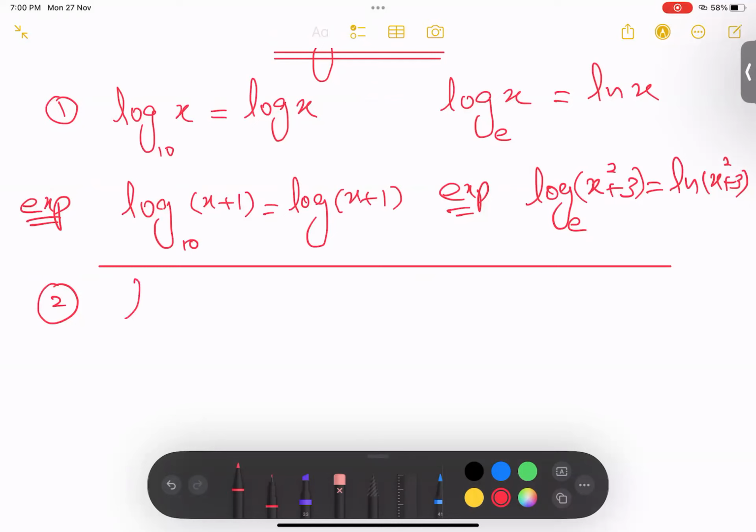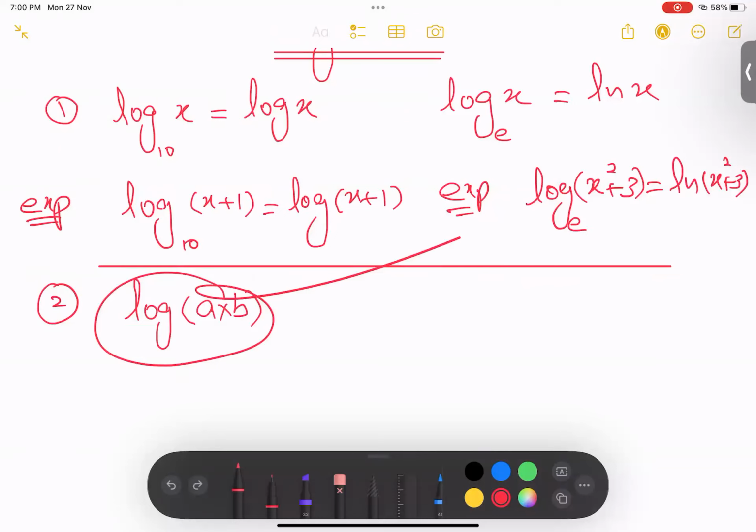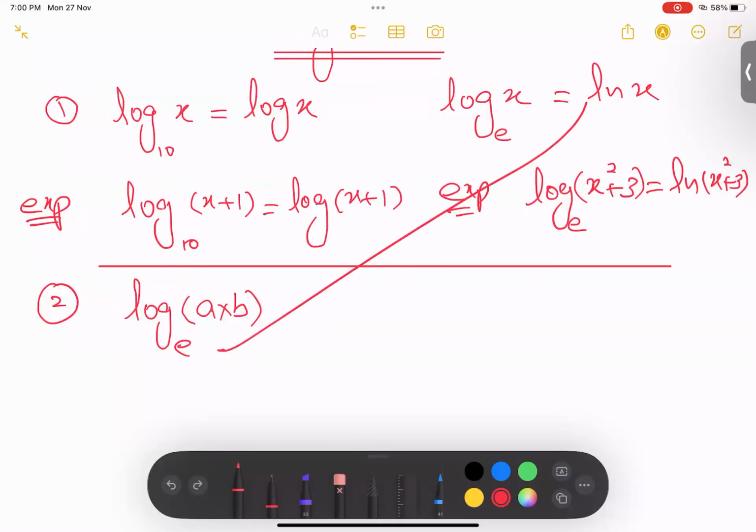Property number 2: whenever we have two functions multiplying, like a times b, or even more than two, and I'm not writing any base now, not 10, not even e, it means this rule is applicable for both. If I write 10 here, or e here, this property holds for both kinds of logarithm.